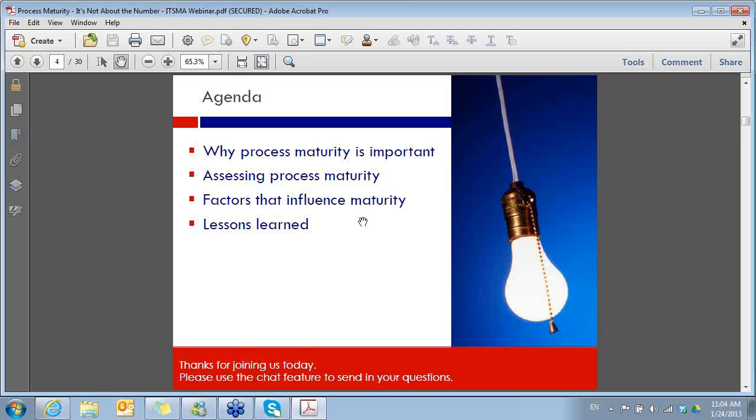And we're going to talk about lessons learned. One of the things I've seen is that there are different approaches to assessing process maturity, and some are very high level. A lot of you out there are probably familiar with approaches like CMMI, where you've got 0 through 5.